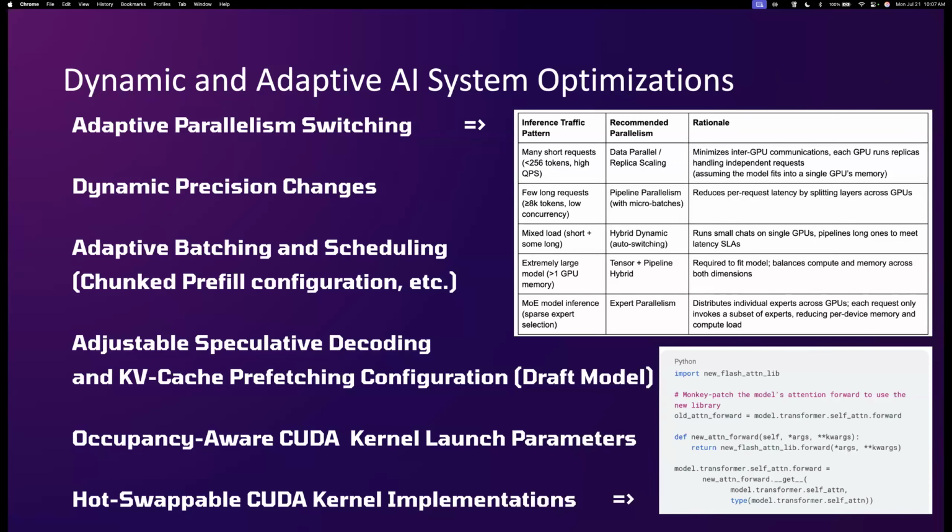And there are trade-offs. If you have too much occupancy, you're going to be using too many registers on the GPU, which will then lead to the registers having to spill over into slower memory. So there's just a lot of things you can do.